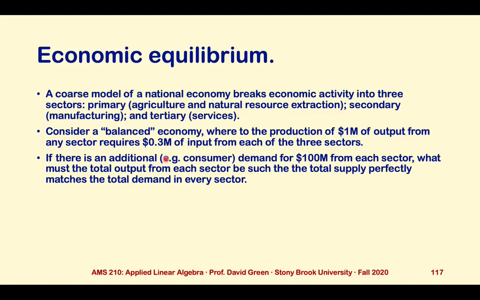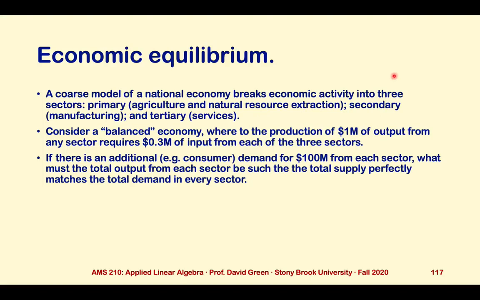And we want to take a look at a balanced economy, one where every sector contributes in an equivalent way to the economy and to each other. The production of $1 million worth of output from any one of these sectors requires $0.3 million of input from each of the 3 sectors.